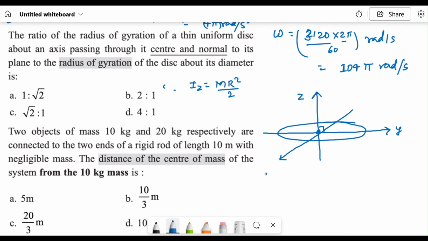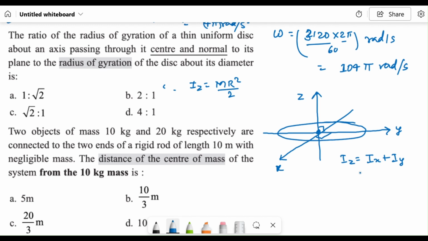If we want to know Iz, then Iz will be Ix plus Iy, meaning the moment of inertia about the axis perpendicular to the plane of the disk is the sum of the moments of inertia along two axes in the plane of the disk, which are perpendicular to each other.